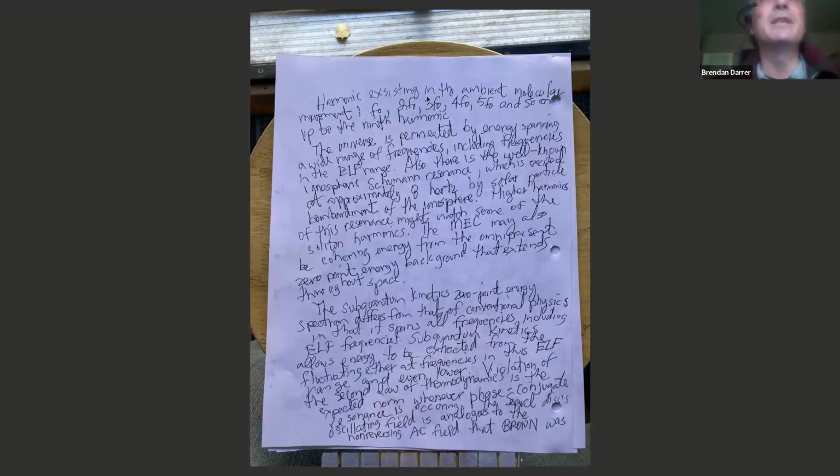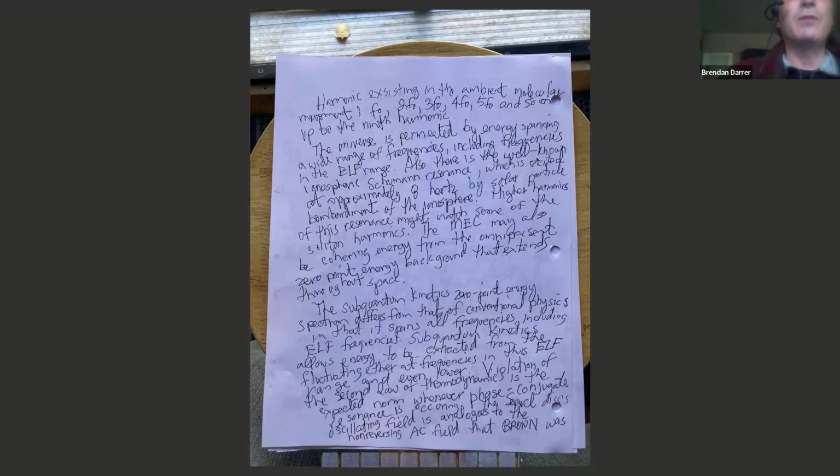Harmonics existing in the ambient molecular movement, FO, 2FO, 3FO, 4FO, 5FO, and so on, up to the ninth harmonic. The universe is permeated by energy spanning a wide range of frequencies, including frequencies in the ELF range.